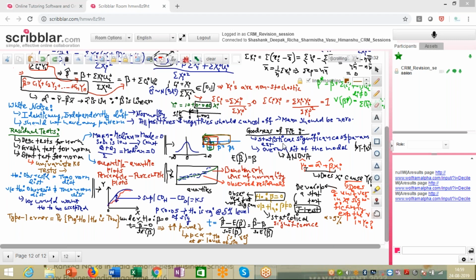P is less than alpha, so H0 is rejected at alpha level of significance. And if we are rejecting the level of significance, then... No, we don't reject the level of significance. We conduct the test at a specified level of significance.